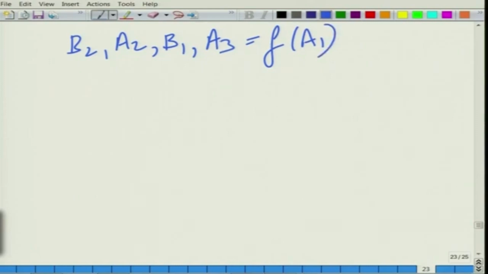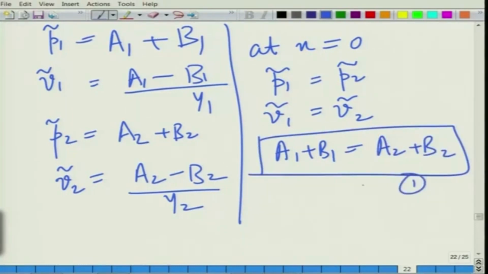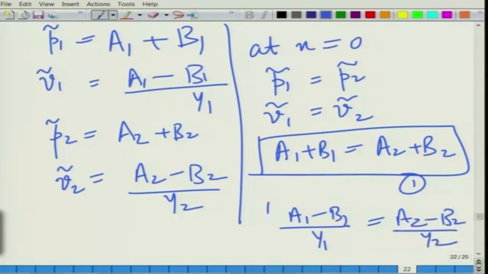We will get this, but it will be pretty cumbersome. We can sure formulate the equations. Let me write it down first: A1 plus B1 is equal to A2 plus B2. So, this is your equation, let us say 1, and A1 minus B1 by Y1 is equal to A2 minus B2 by Y2, which is nothing but equation 2.